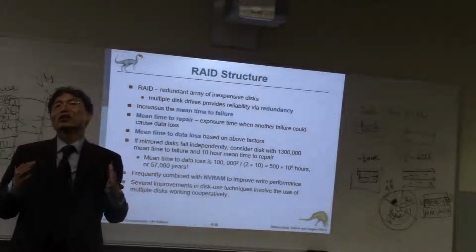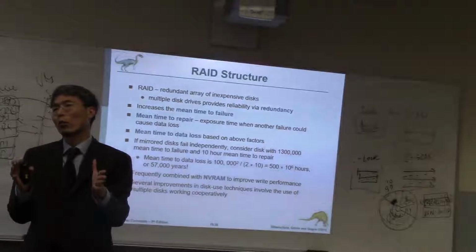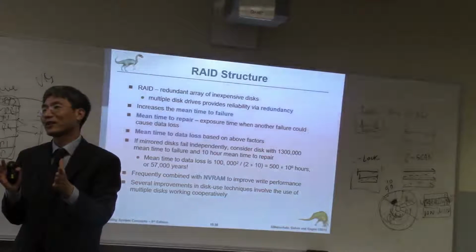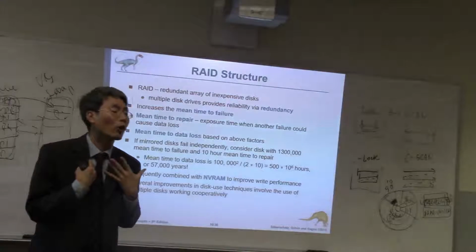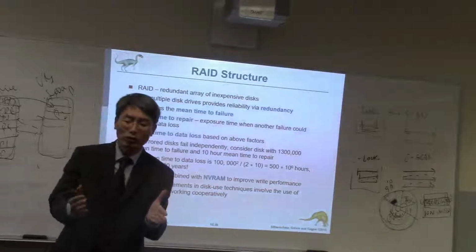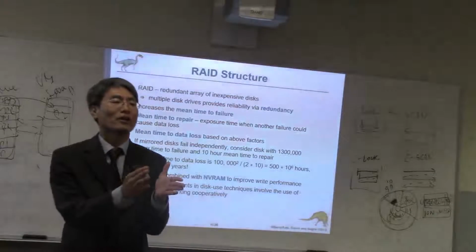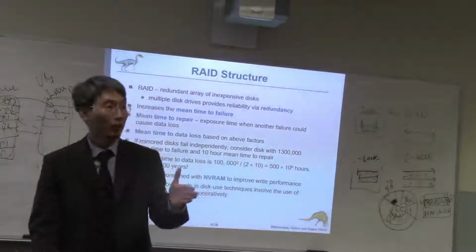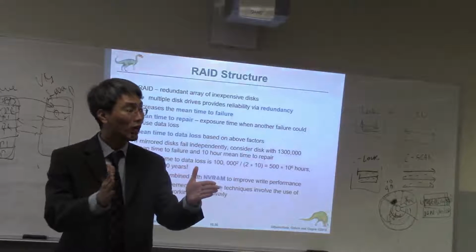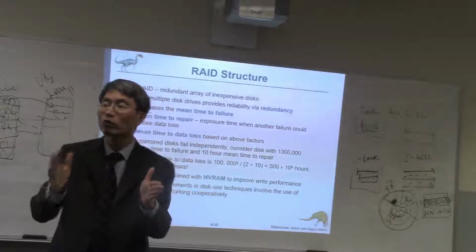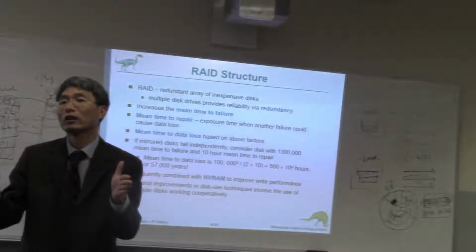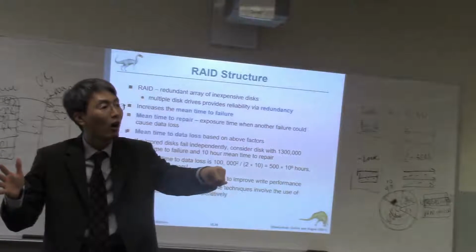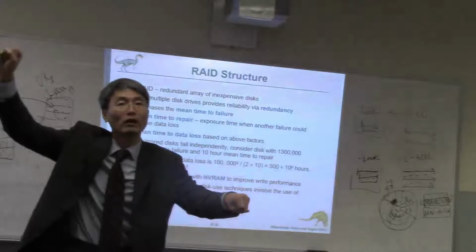When hard disk drives were very expensive, what is the best way to make a reliable hard disk drive storage system? It's mirroring, always backup. When you write the data, not just one hard disk drive, why don't we write to 2 disk drives physically? Then in case one of them fails, we can use the other one. Problem?